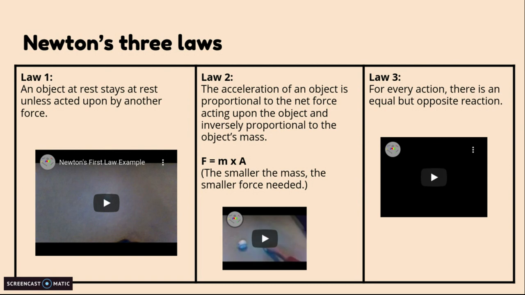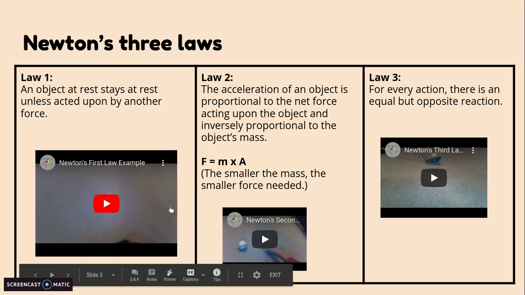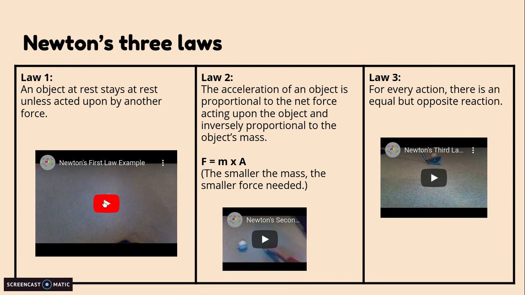So Newton's 3 laws, you've probably heard of this before, and these are 3 laws that Isaac Newton formulated after figuring out physics. And here are 3 videos that are examples of these 3 laws that I recorded. So it's a video within a video. So law 1 is an object at rest stays at rest unless acted upon by another force. They're very short clips, but hopefully you'll be able to hear.